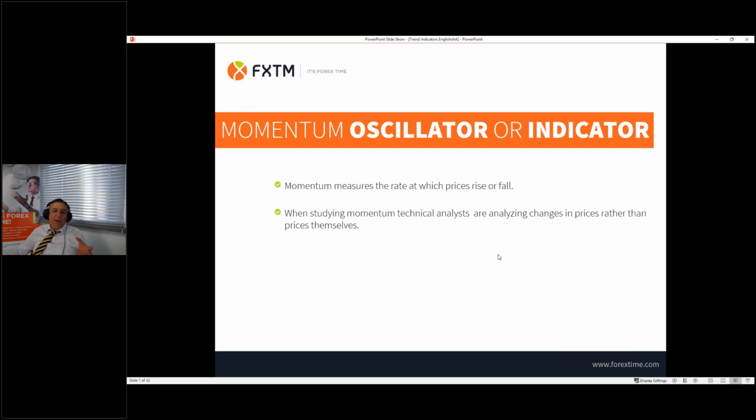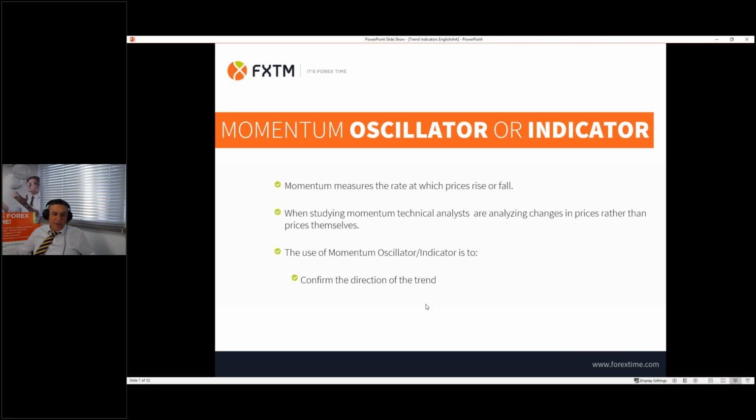It's becoming a bit complicated, guys, but I will explain in a while. The use of momentum is to confirm the direction of the trend, at least for the scope of today's webinar. It is a very important piece of information that we can get from an indicator or an oscillator.